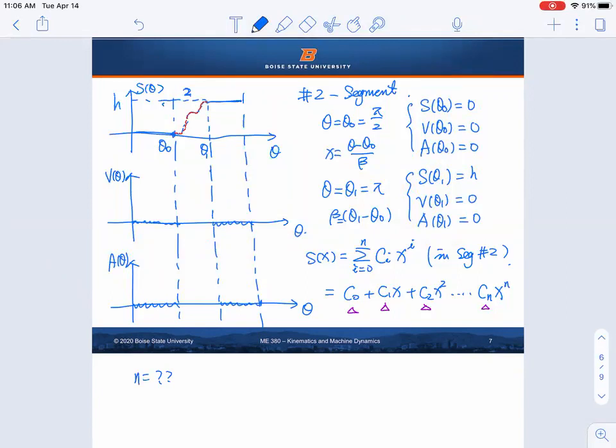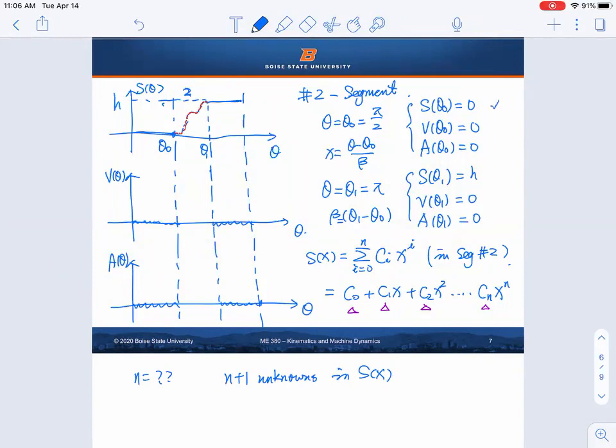Here, from 0 to n, we have n plus 1 unknowns in S(x). How many equations can we get for S(x)? That comes from the boundary conditions.